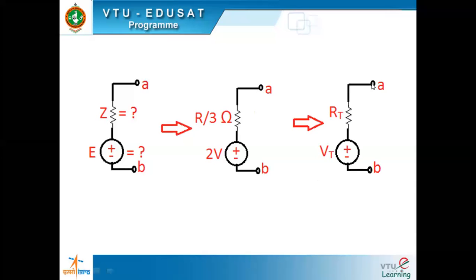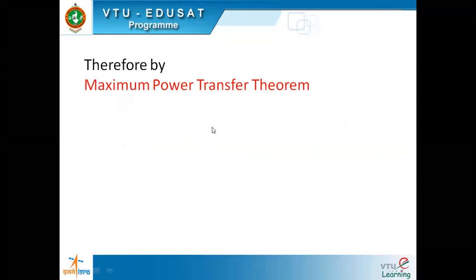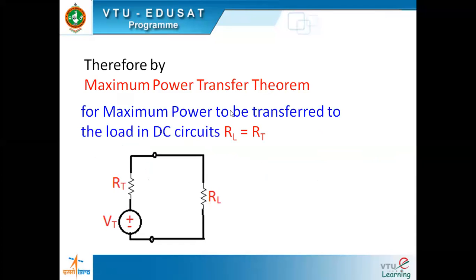And what they are asking is what R needs to be connected so that the maximum power is delivered to the load. For maximum power to be delivered to the load that we connect here, RL has to be this resistance that we have found out. Understand? That is what is told here by the maximum power transfer theorem. This is the only extra point we have to catch here. So if maximum power has to be obtained, then this RL, the load resistance, has to be this resistance.